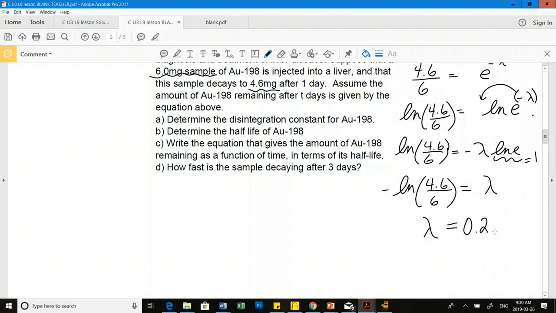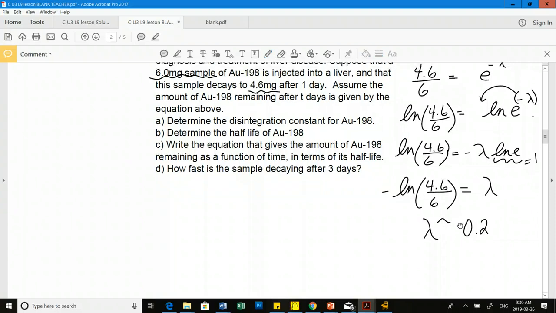We'll just do an approximation here. Say this is equal to approximately 0.266.